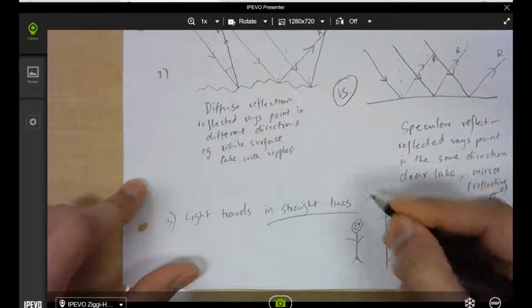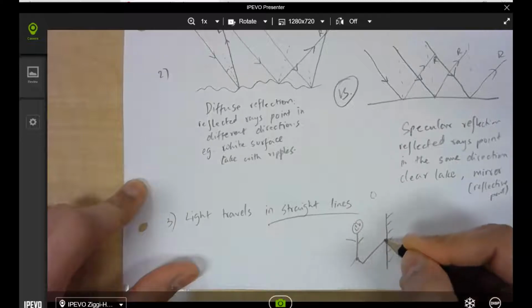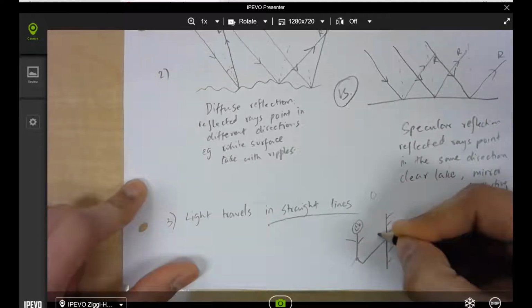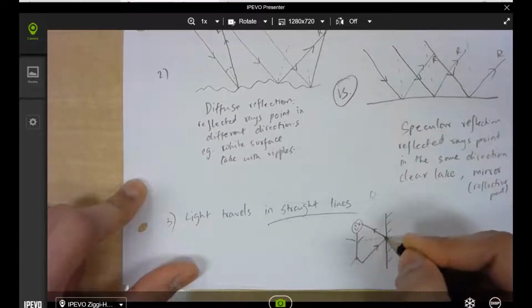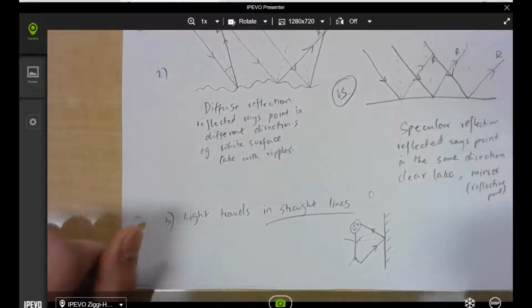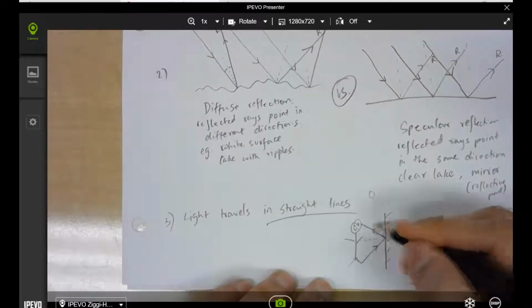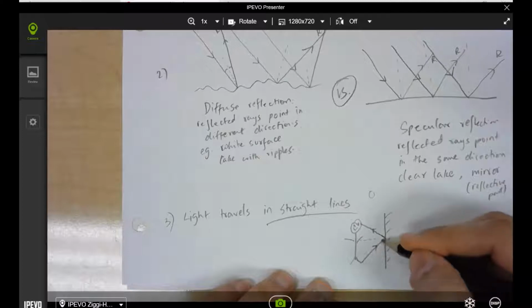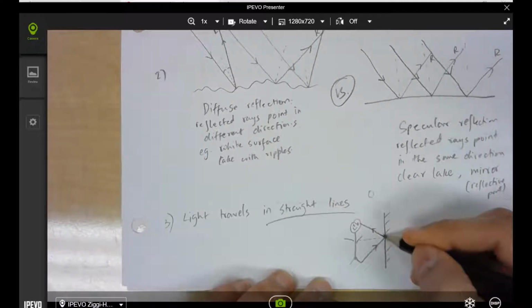Light shines on our feet, our feet reflect that light onto the mirror, which reflects that light into our eyes, according to the laws of reflection. We'll talk more about how this happens, but again, our brain cannot comprehend that light is actually bouncing off the surface and bending here.